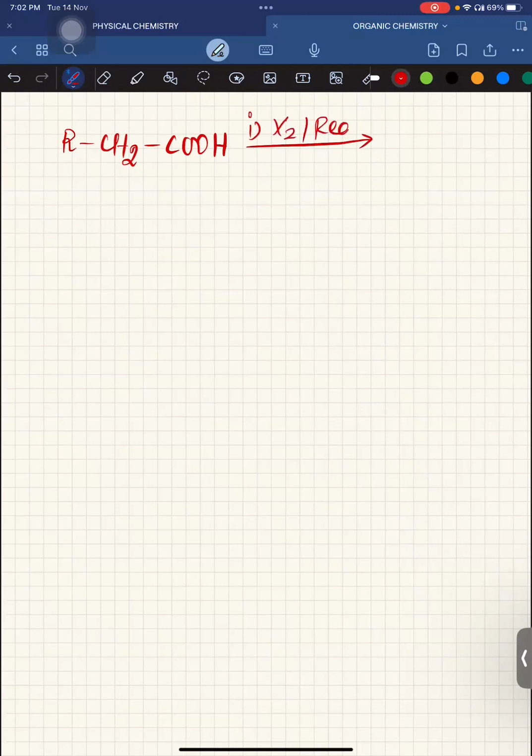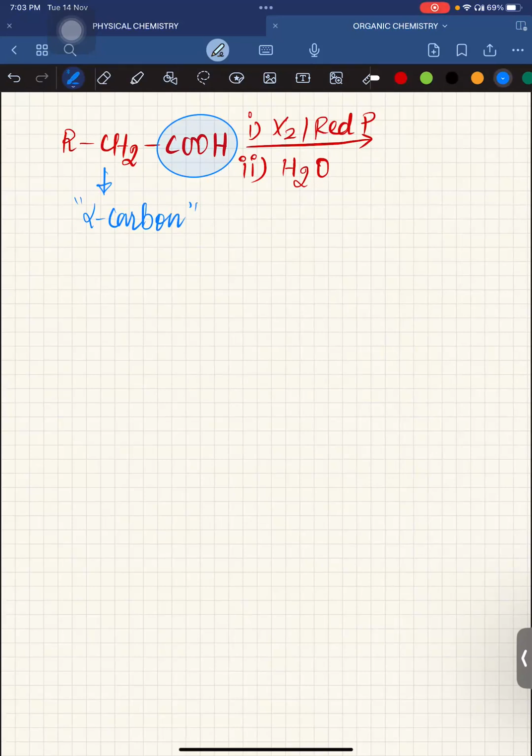So the reaction, if you are going to see, I'm going to take carboxylic acid. This is your carboxylic acid, RCH2 C double bond OH. Then you are going to react this with X2 in the presence of red phosphorus, followed by hydrolysis. Very simple it is. This is your functional group, right? So this carbon will be the alpha carbon, and it has two alpha hydrogens.